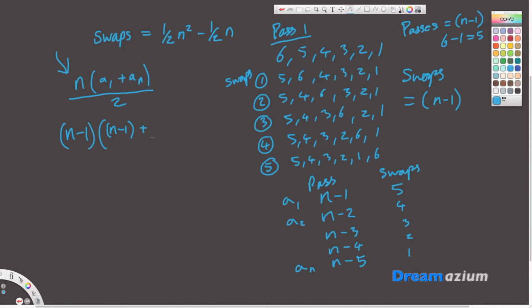And then it is going to be plus 1, because the last one, it doesn't matter how many numbers you've got in your list, it's just going to have 1 swap.